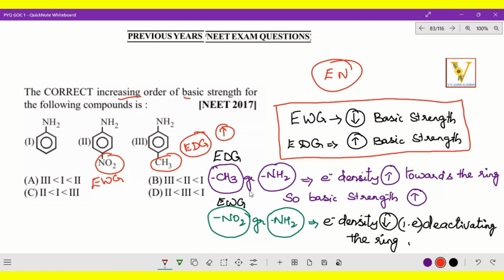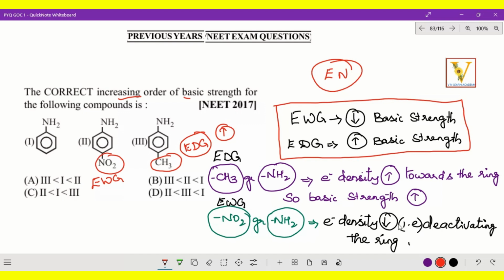How does it increase the strength? I will give you that idea. With the CH3 group on aniline, the electron density on the amino group increases towards the ring, so the basic strength will increase. In the other, the electron density decreases. How?